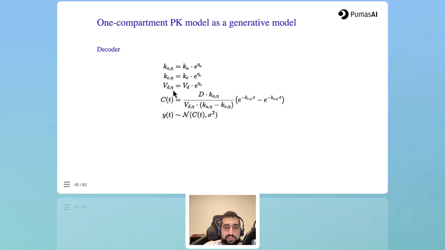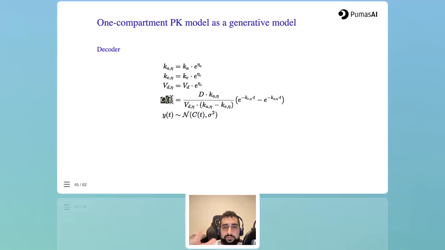And then we use this closed form analytic solution for the one compartment PK model, where D here is the dose. So let's assume it's an initial bolus dose given at time 0. And then these are all the parameters that we just defined from before, and then we have time here. So this is a function of time that's actually the closed form solution of an ordinary differential equation.